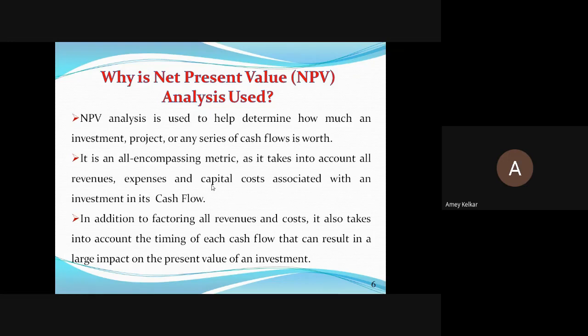Again, for construction, you are putting in money, that is again an outflow. Then further, you are renting it out or leasing it out, say for a period of 10 years, and you are expecting money. So that is what is a cash flow. Now how much cash flow you should expect per year for a period of 10 years, that calculation can be obtained by net present value analysis.